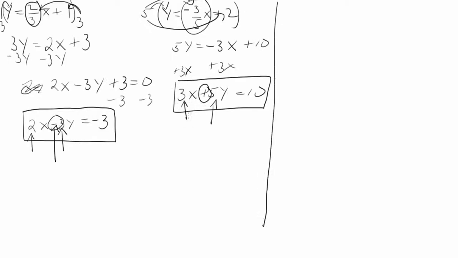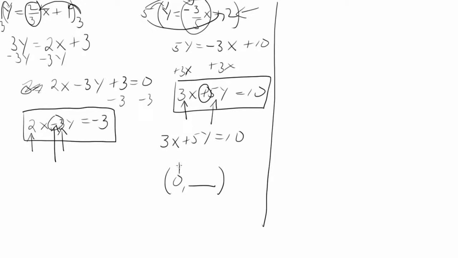Let's take a look at this standard form equation: 3x plus 5y equals 10. If it's in standard form and I want the y-intercept, now granted I already know the y-intercept is 2, but if you want the y-intercept, that means you put a 0 in for x, because if you're on the y-axis, your x-coordinate has to be 0.